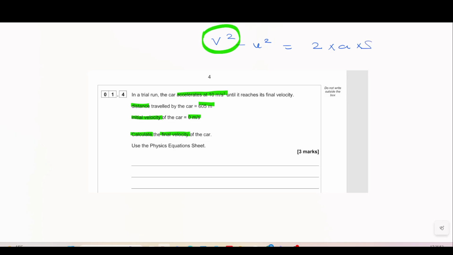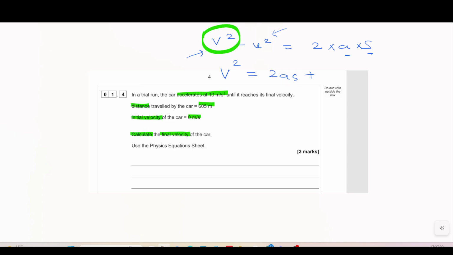This is final velocity, v squared, and initial is u squared. So v squared equals 2as minus u squared. When we move it to the other side of the equal sign, this will become, wait, final velocity equals what? This is final velocity, this is initial velocity, this is acceleration, and this is distance.